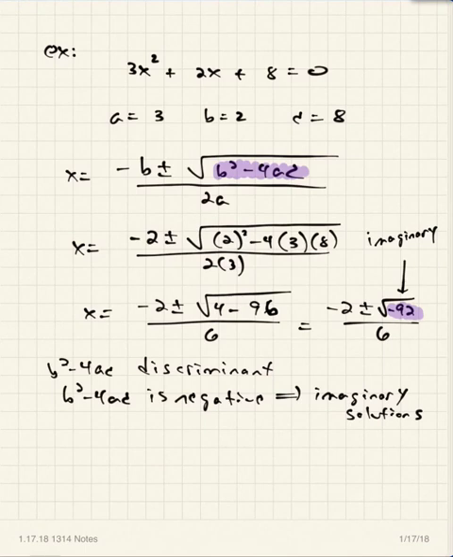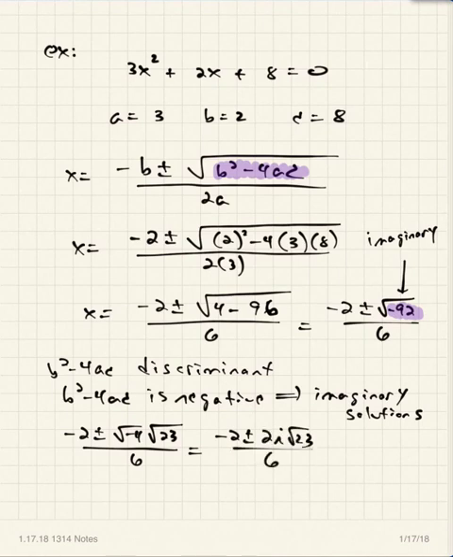Now the square root of -92, believe it or not, simplifies, let's see, as the square root of -4 times the square root of 23 of all things. Right, and so, because 4 times 23 is 92, all divided by 6. And so you end up with -2 plus or minus 2i times the square root of 23 over 6.